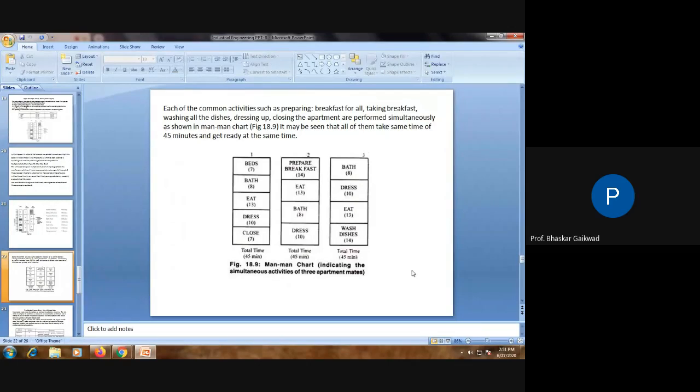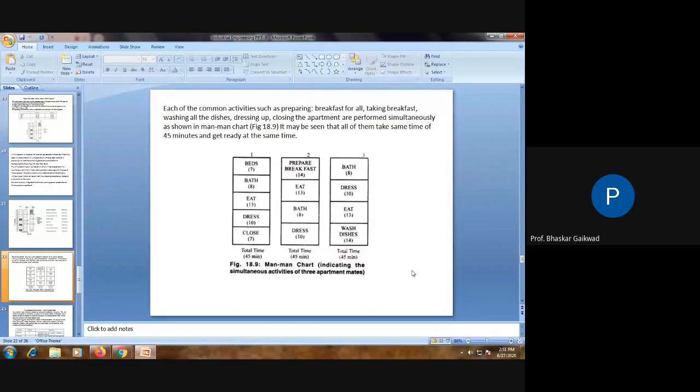Here also, each man's activity you have to study over the three machines. This also you can represent on a time scale. These examples relate to three apartments and three persons, their activities and total times.